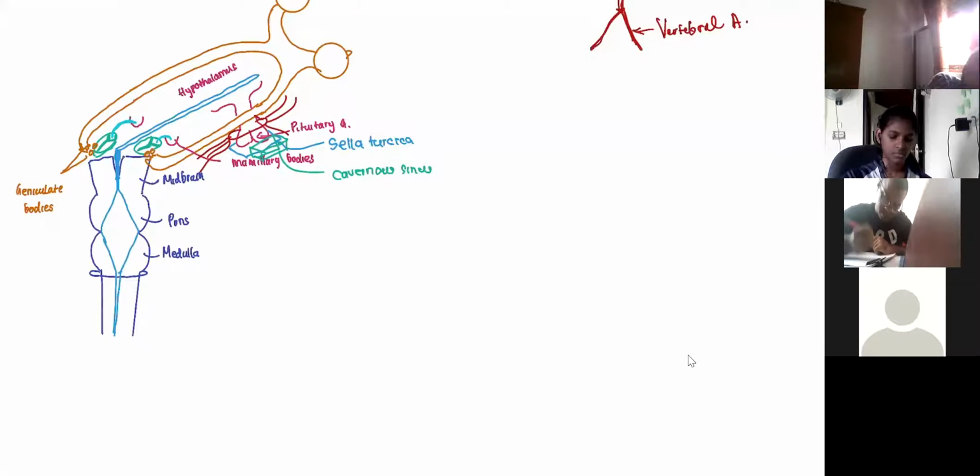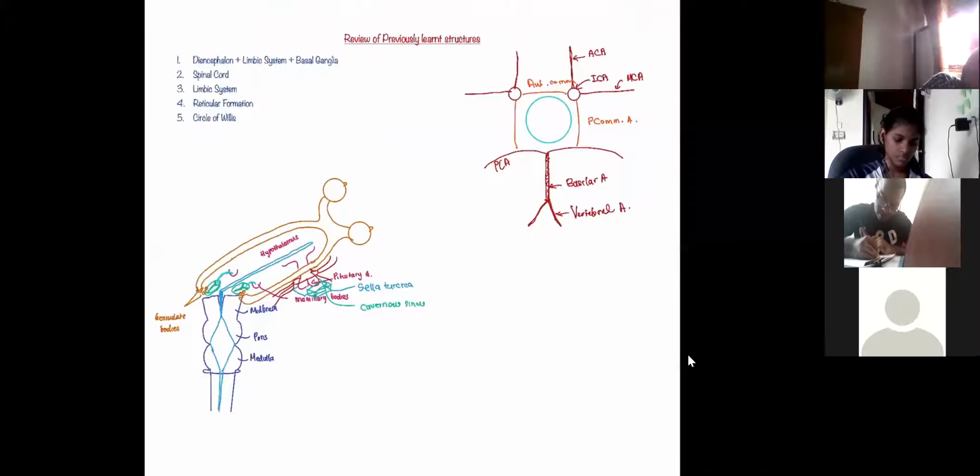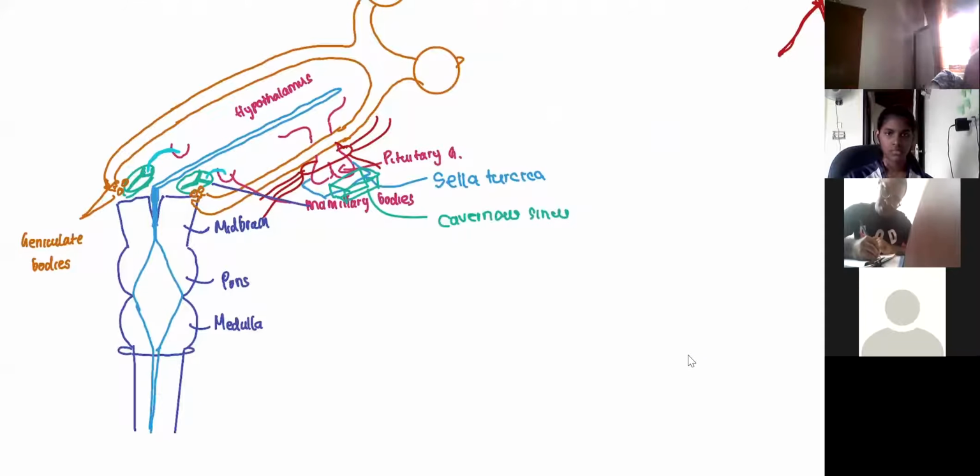So you guys know this. And now we will look at the structures. Don't draw this line. We are going to draw the structures which are going to go this way.